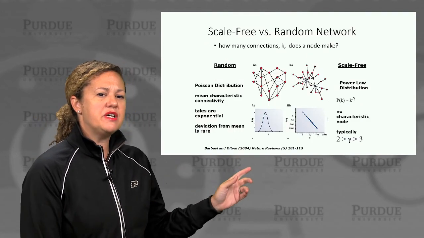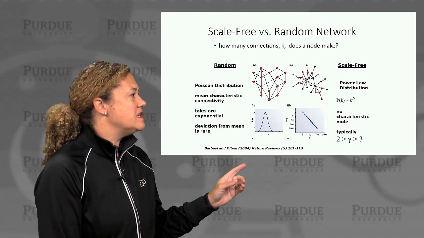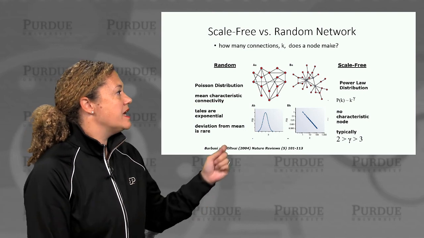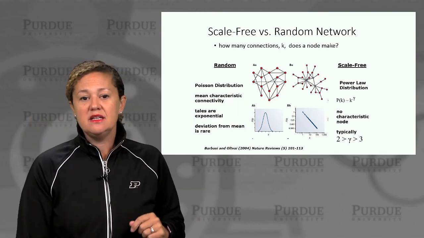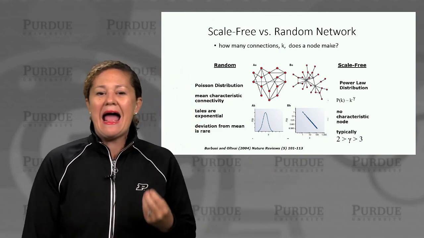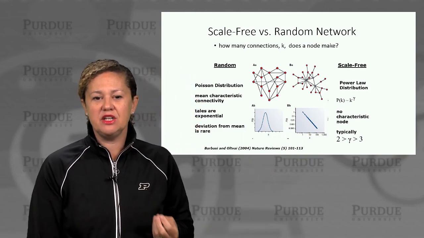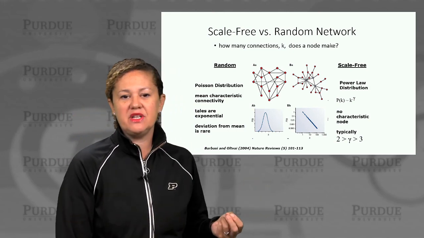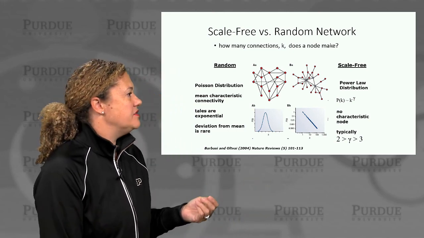So now let's compare. Networks that have this sort of power law distribution of connectivity can be called scale-free networks. And they're called scale-free particularly because of this absence of a characteristic node. There's no mean characteristic node or connectivity that characterizes the nodes in our network.